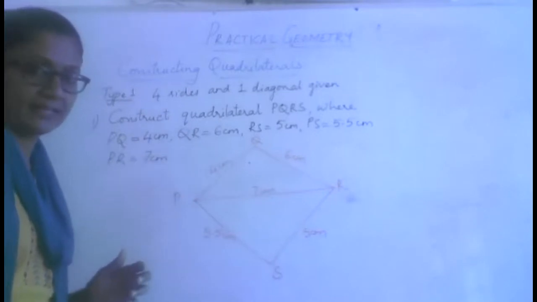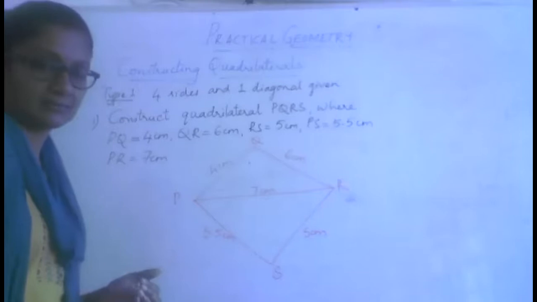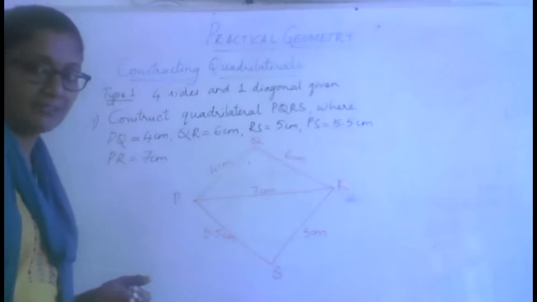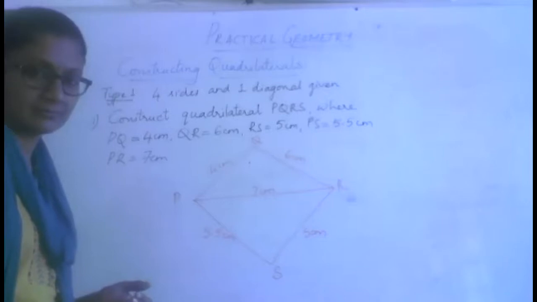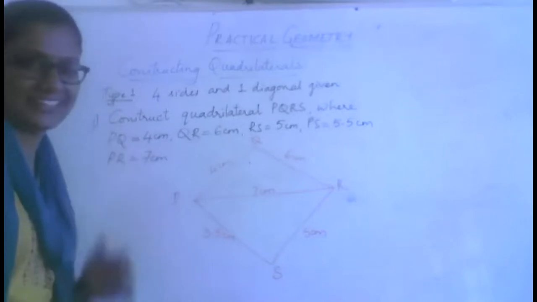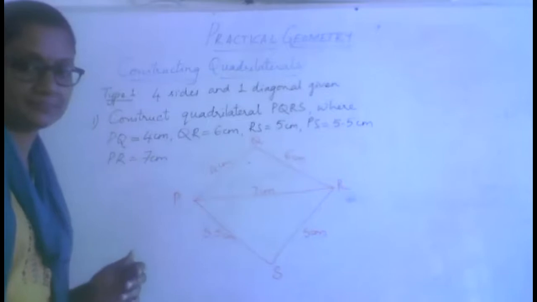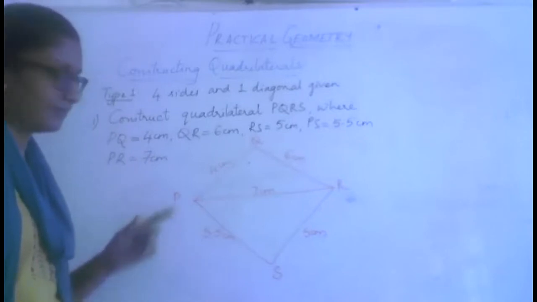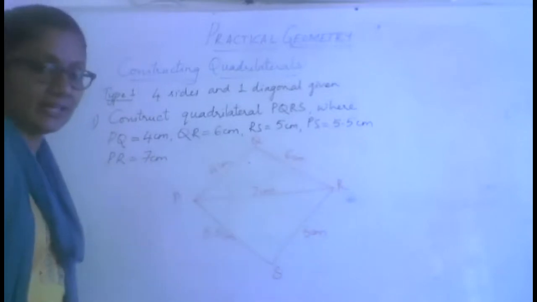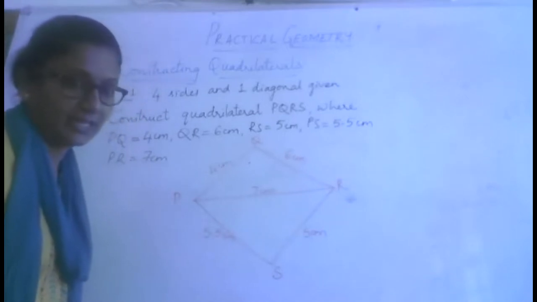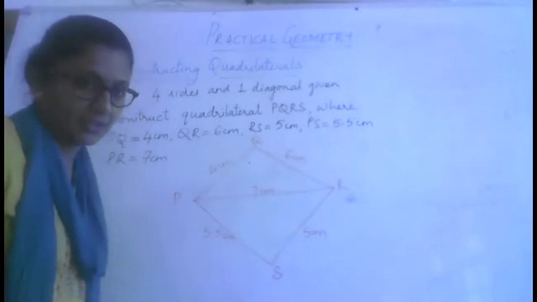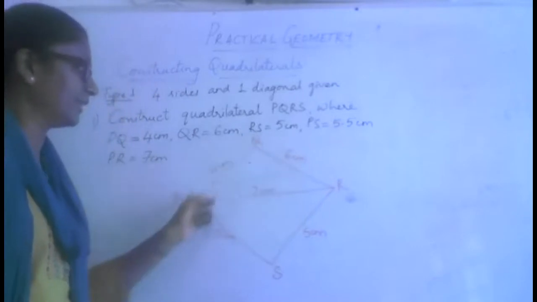How did we define a diagonal when we did quadrilaterals? A line segment joining any 2 non-consecutive vertices of a given polygon is called the diagonal. Non-consecutive means they should not be next to each other.